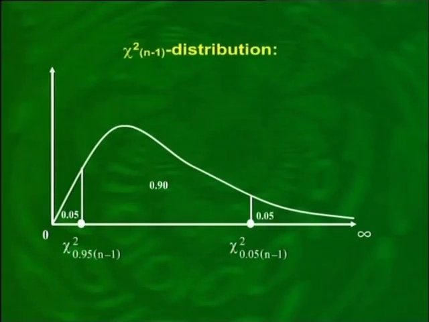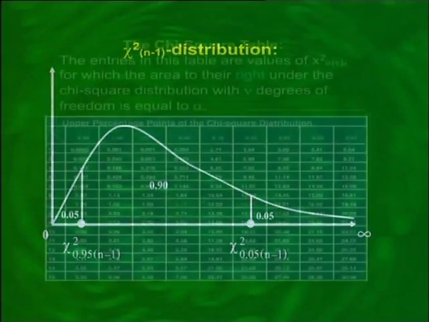Similarly, the value chi square 0.05 is that point on the x-axis, the area to the right of which is 5% of the total area. As indicated already, the degrees of freedom that we have to use are n minus 1, and in this problem that is 8 minus 1 and that is 7.